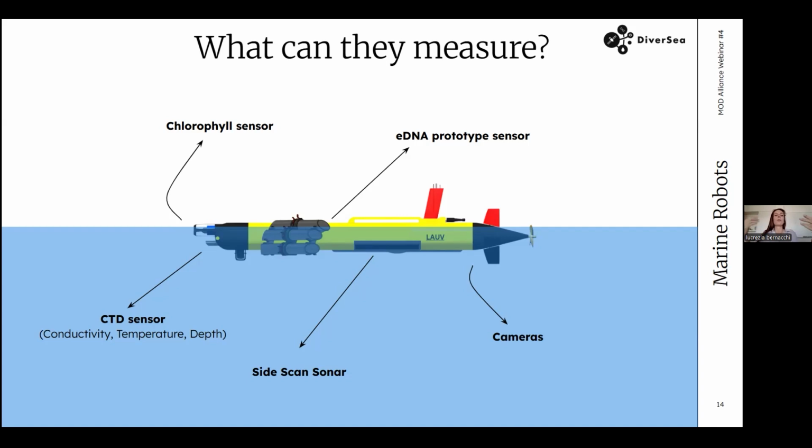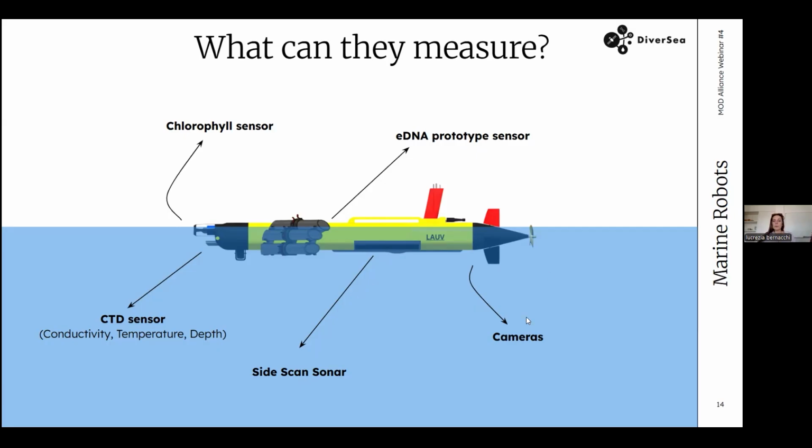Chlorophyll sensor for the chlorophyll concentration. And then we have here an acoustic sensor, Sus scan sonar, cameras, and an eDNA prototype sensor, which is a prototype developed by INEGI in collaboration with Porto in the context of DiverSea.